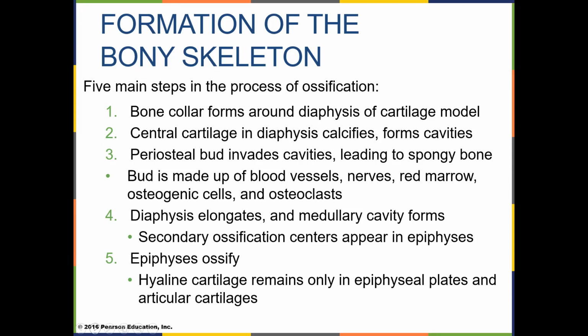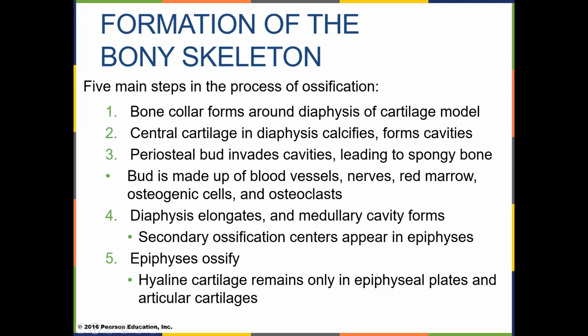And when we reach adolescence, the only places where we have cartilage remaining are going to be in these epiphyseal growth plates, and they're going to get really, really active when we hit puberty. We're going to have growth spurts in here, and then they will eventually shut down until all we have left is an epiphyseal line, and there is no more longitudinal growth.